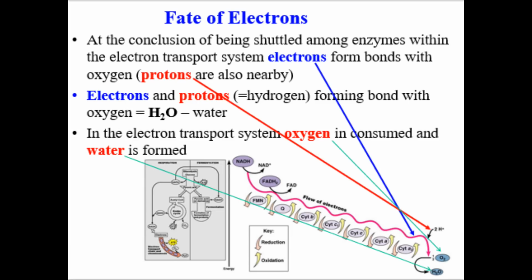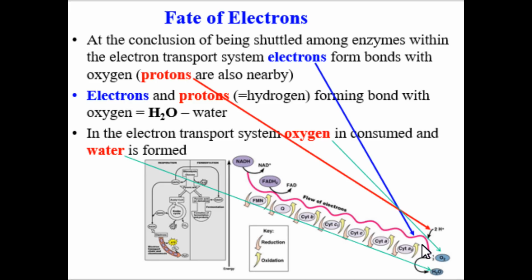Now, here's another way of looking at this. Again, concentrating on the electrons and the protons. So these electrons are being shuttled along, giving up some energy from one enzyme to another enzyme to another enzyme. Each step of the way they're giving up energy. That energy is used to pump these protons.